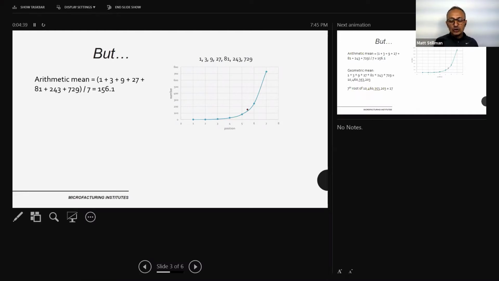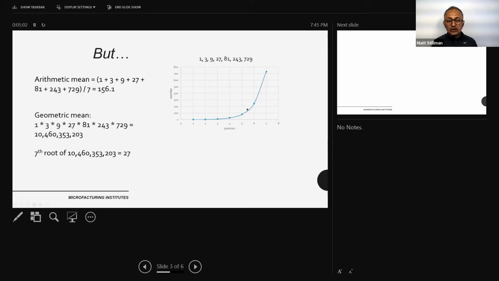So in that situation, you want to rely on the median. Depending upon what you pick, whether the median, the arithmetic mean, or the geometric mean, it is application dependent. Here, with an exponential situation, you are better off doing a geometric mean calculation.